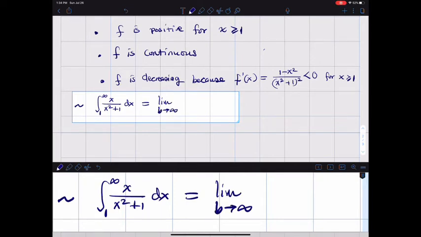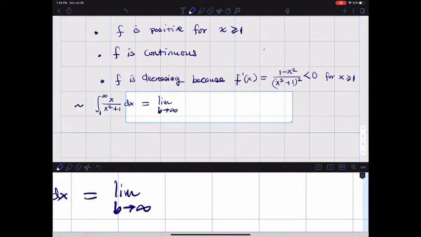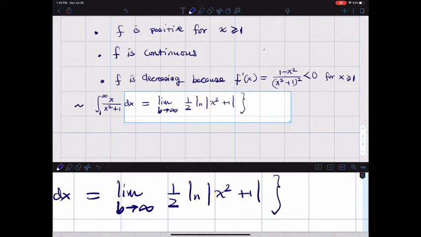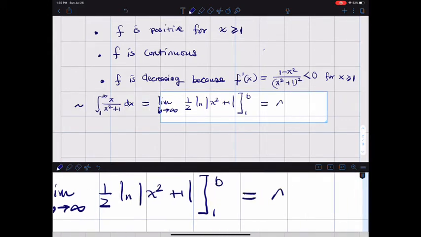If you use substitution and everything, you're going to end up with this expression, x squared plus 1, going from 1 to b.